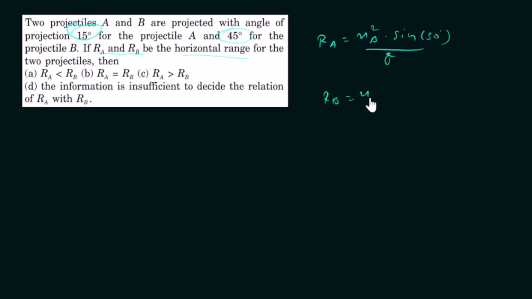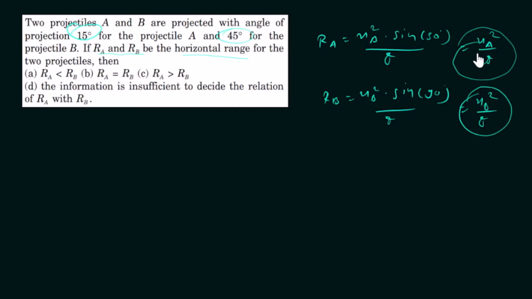And R_B is u_B square sin 2 into 45, which is 90 degree, divided by g. So this is u_A square by 2g and this is u_B square by g. But we are not given u_A and u_B, the initial speeds of A and B. So we can say that the information is insufficient to decide the relation of R_A with R_B because u_A and u_B are not given. That's the answer to this question.